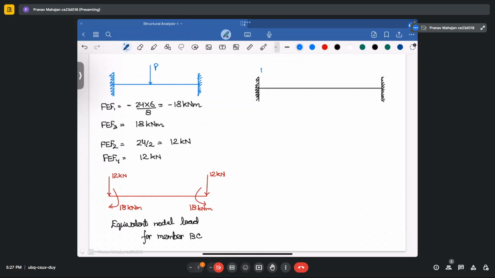Here the force will be 72 kilonewton, and here also it is 72 kilonewton. Then we have rotations also as 72 kilonewton meter.